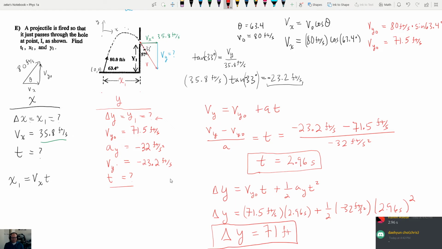And then the final thing to do is to solve for delta x. So x, here we had x1 was equal to Vx times t. So Vx is 35.8. Multiply by the time, which is 2.96.